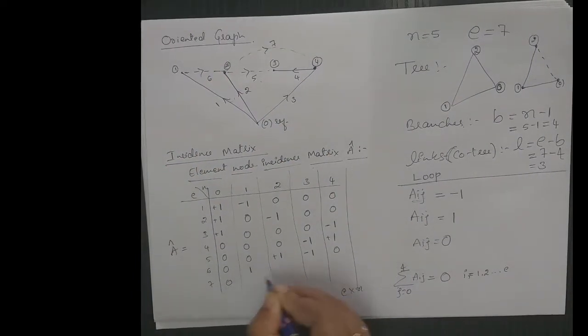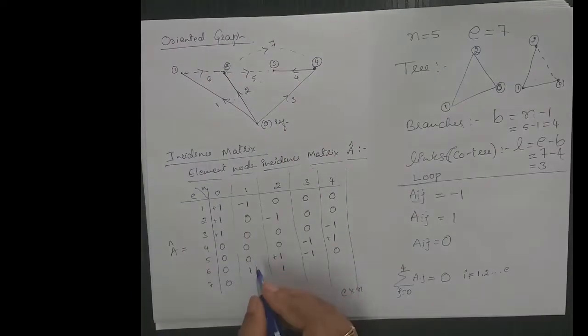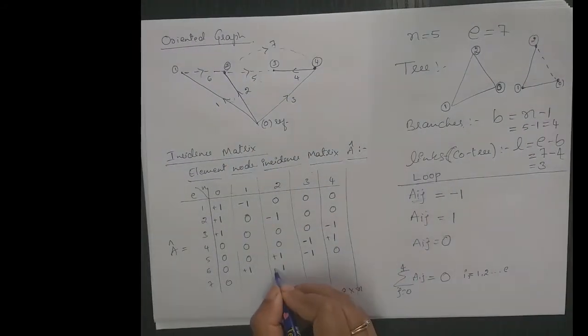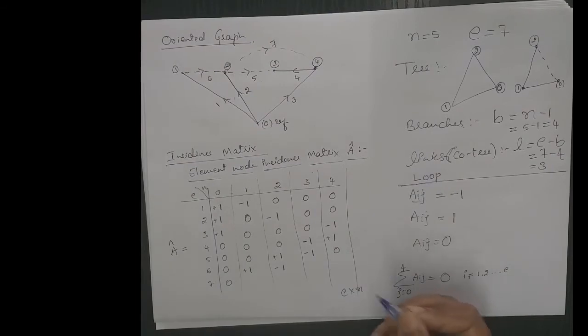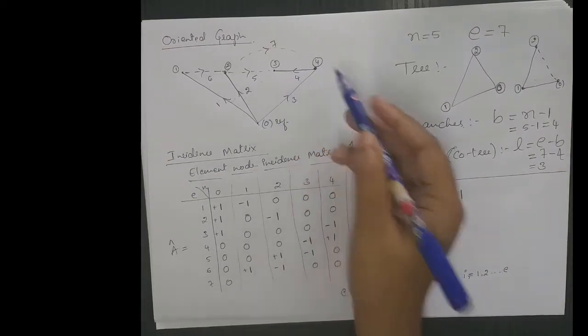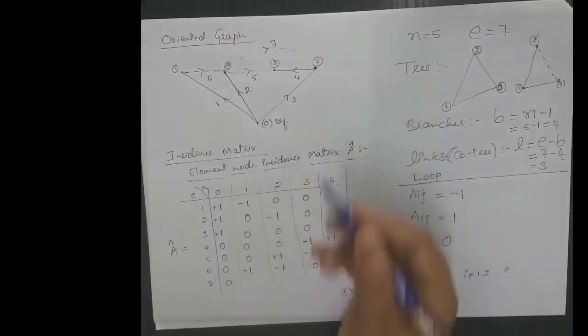Sixth element, which is between 1 and 2: away from 1, so +1, and towards 2, so it is -1. The rest are all 0 because it is not incident to node 0, node 3, or node 4.